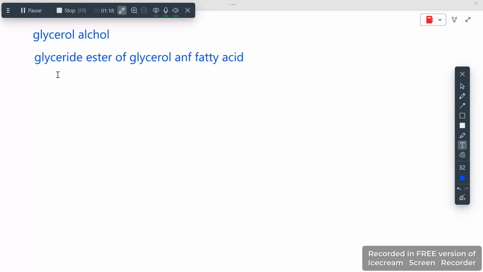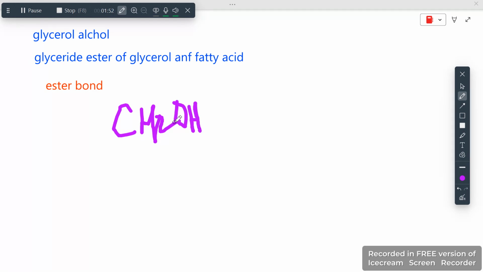Let me change color. Now let's go towards the ester bond. In the last video I taught you about the chains which we have, so let me write it again. CH2OH.